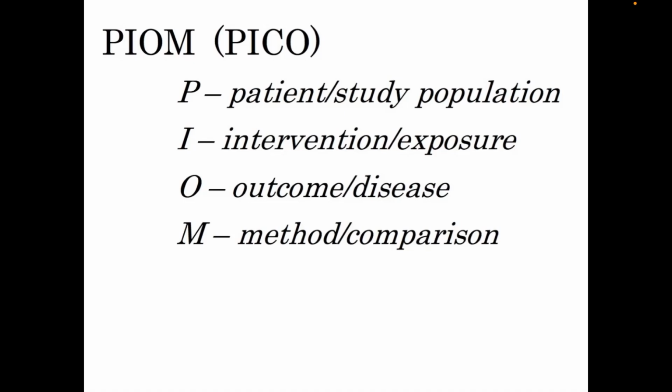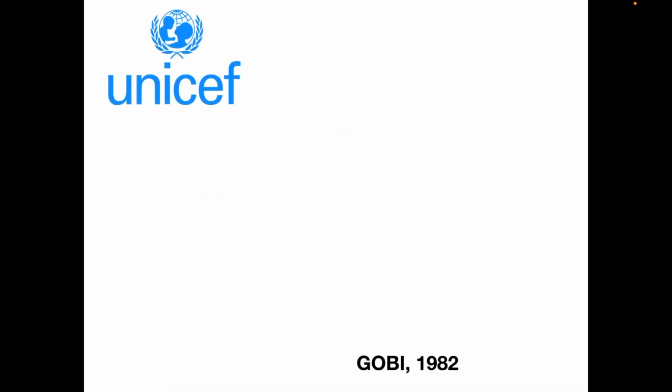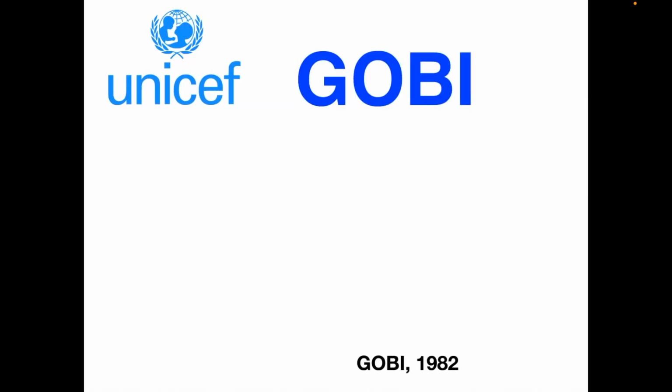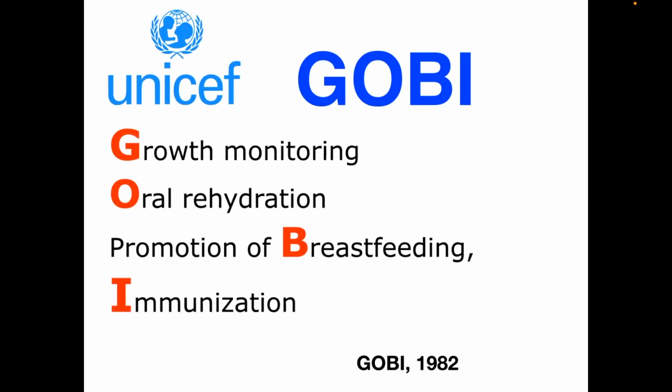Now let me share two more concepts before we end this short module. This is the concept of the GOBI under UNICEF. What does GOBI mean? It stands for growth monitoring, oral rehydration, promotion of breastfeeding, and immunization.